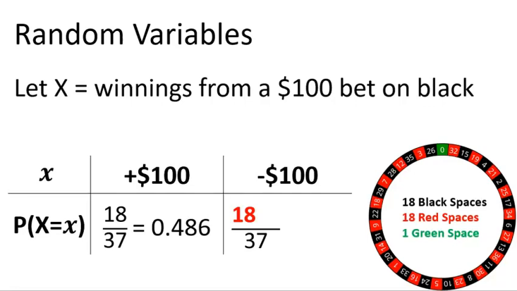Find the probability that you lose $100. That happens if the ball lands on one of the 18 red squares, or if it lands on the one green square. So there are 19 ways that you could lose out of the 37 spaces, or 0.514, 51.4% of the time.